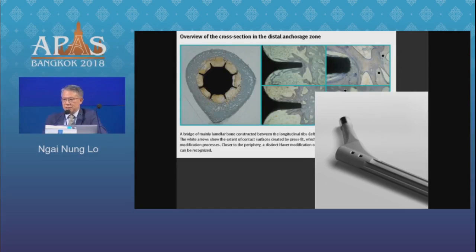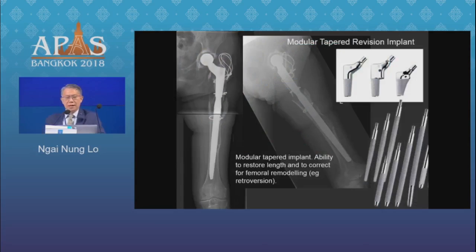And the reason is that you could get the splines to give you the rotational stability and the taper to give you the axial stability that you want. And these have proven themselves to work pretty well, especially if you do them in a modular manner so that you are not constrained by a monoblock implant. You can go for initial fixation distally and then build upon that initial fixation using a proximal body proximally.